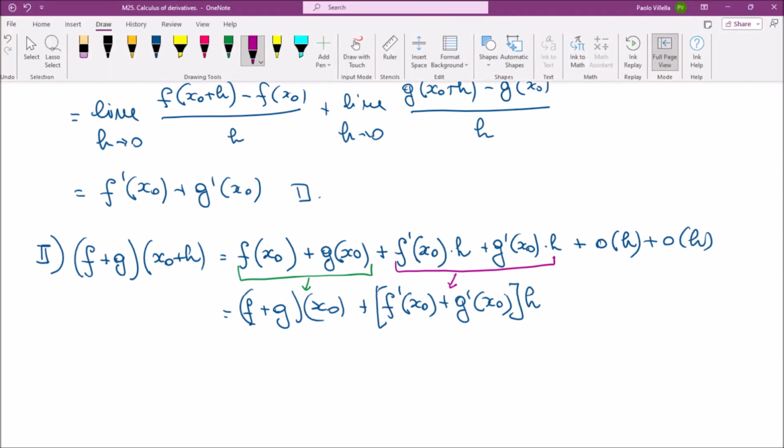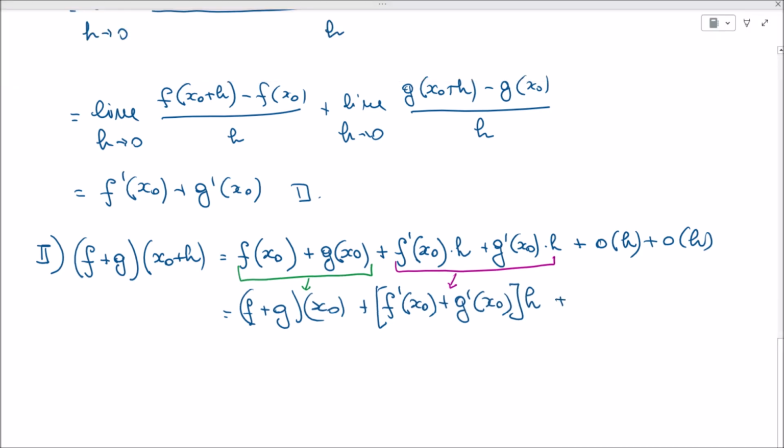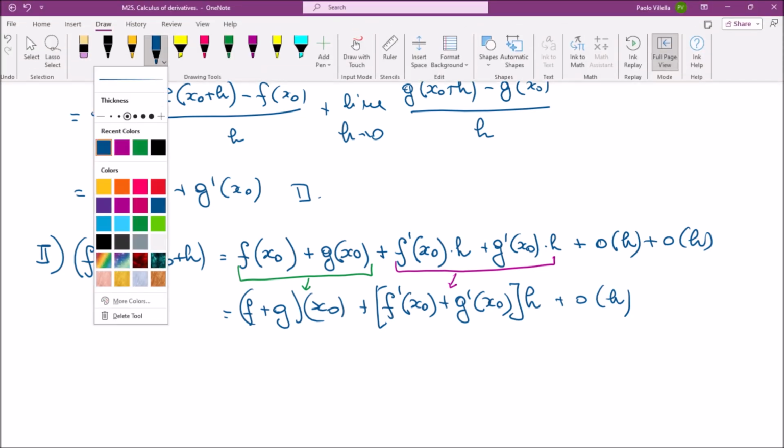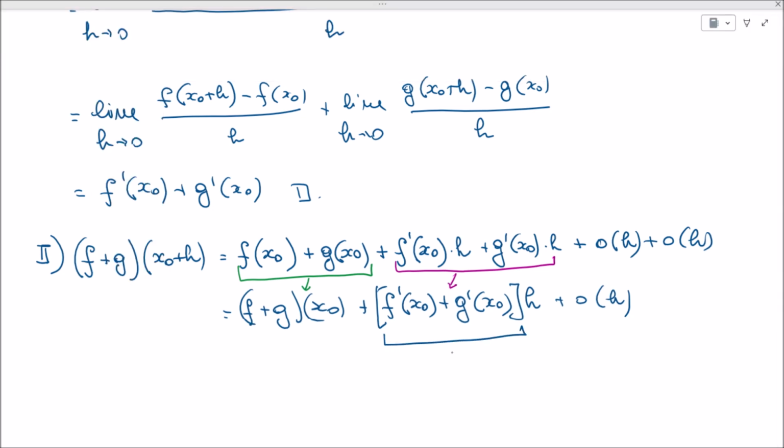And finally, we simply have little o of h, which proves that this is nothing else than alpha. So alpha, which is the differential, which we know is nothing else than the derivative of f plus g, is equal to f prime of x naught plus g prime of x naught. Okay, which is the end of the proof.